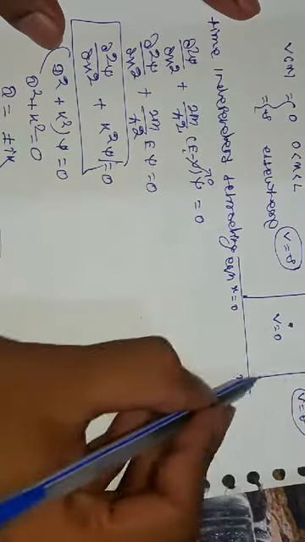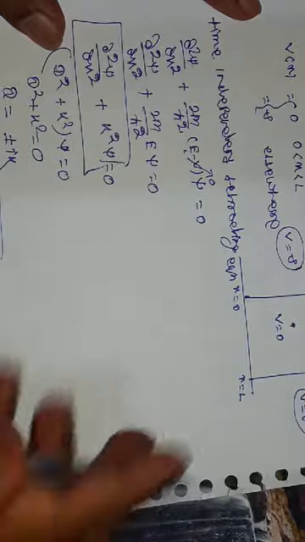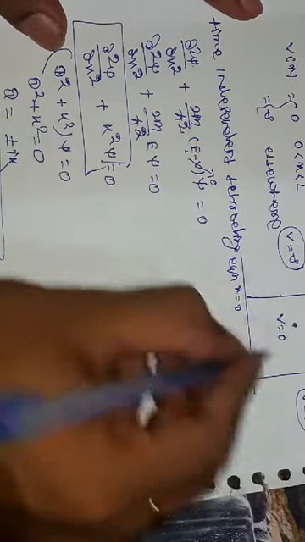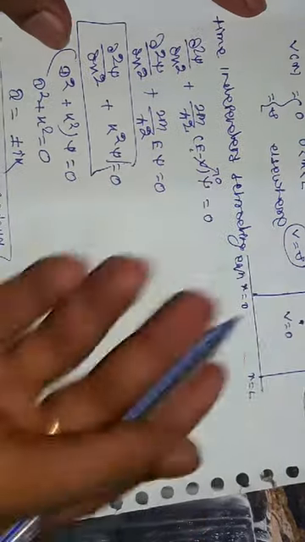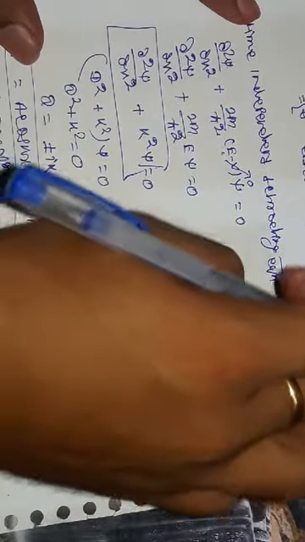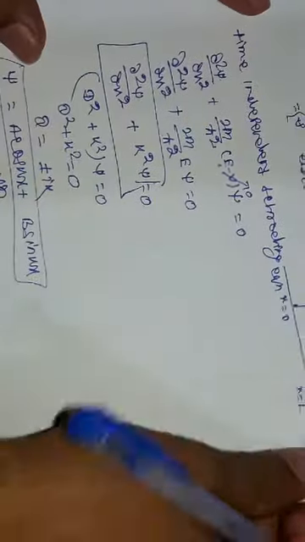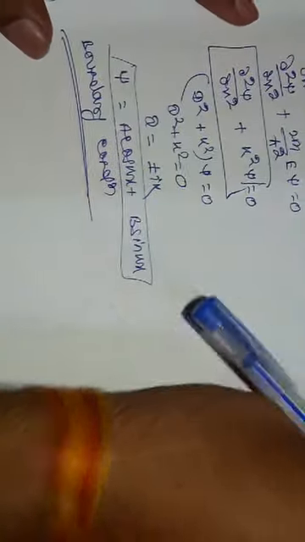At the boundary the wave function vanishes, because the particle does not exist there. At x is equal to 0 and L, psi becomes 0. Inside the box psi exists, outside it is 0, and on the wall it is 0.